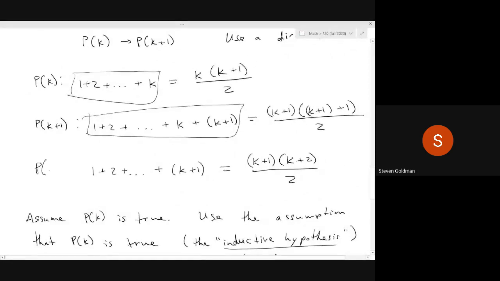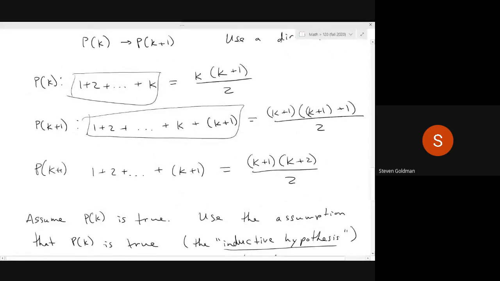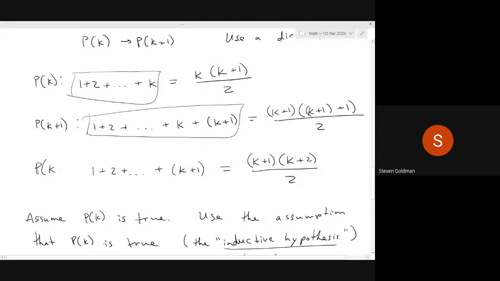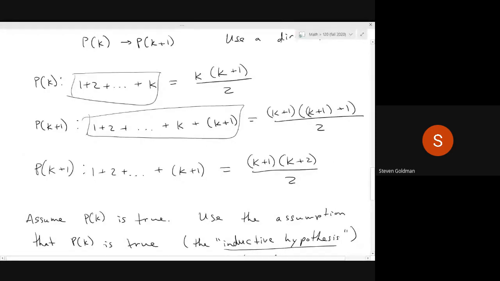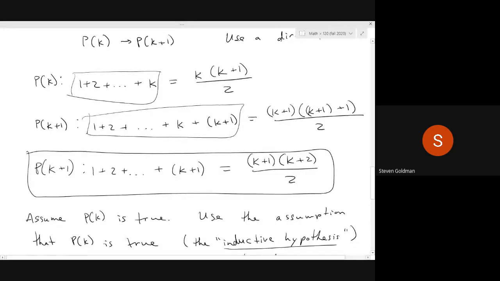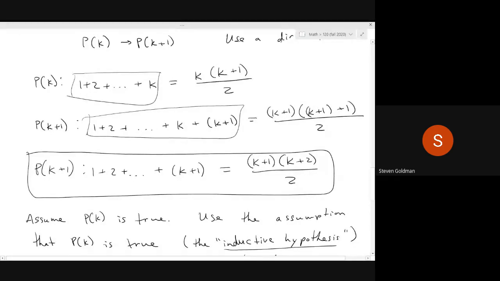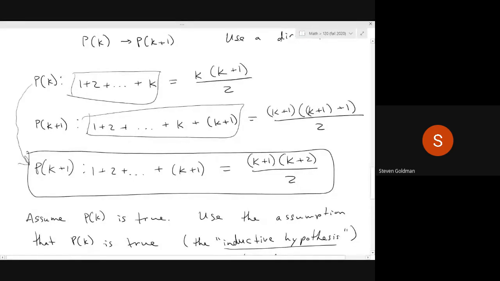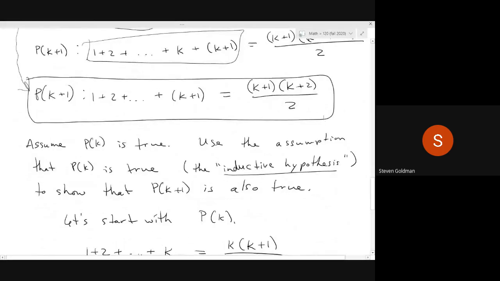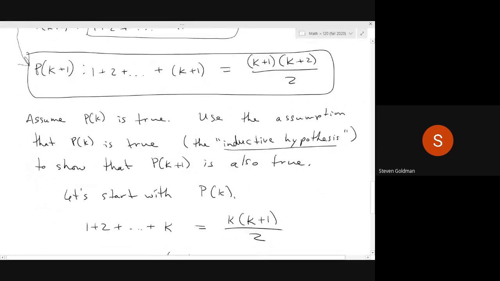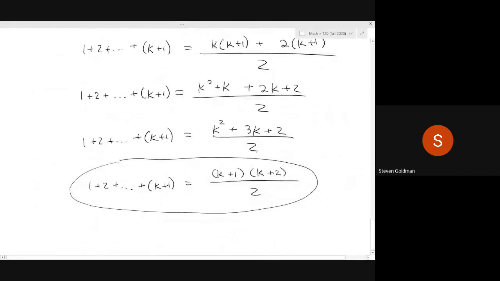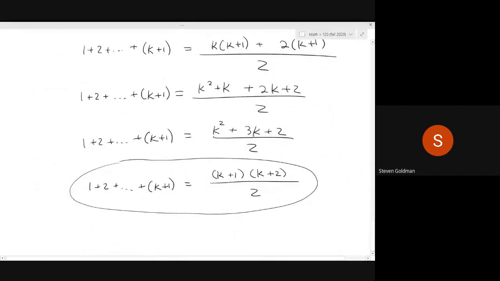All right, this is p of k plus 1. So I started with p of k, and I algebraically manipulated it until I got p of k plus 1, right? Notice how it's exactly the same. There's p of k plus 1. I'm going to scroll down again. Here's p of k plus 1. So this is p of k plus 1.